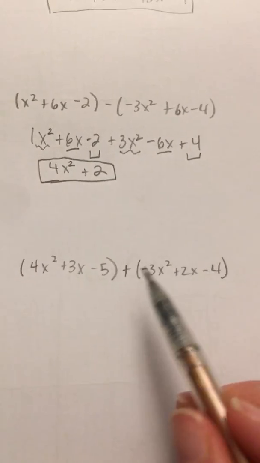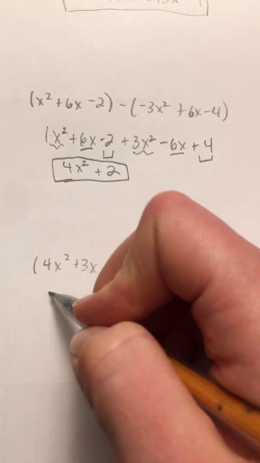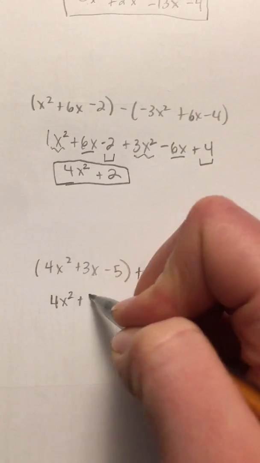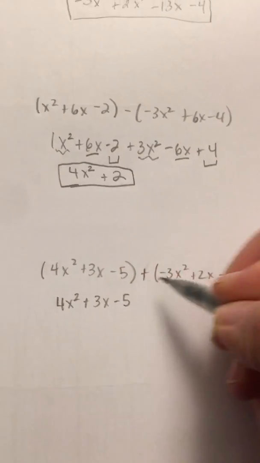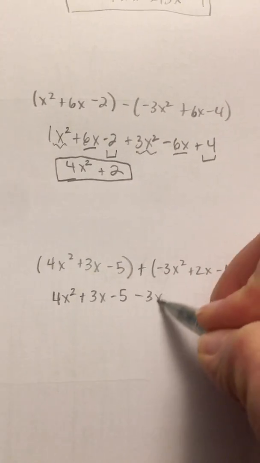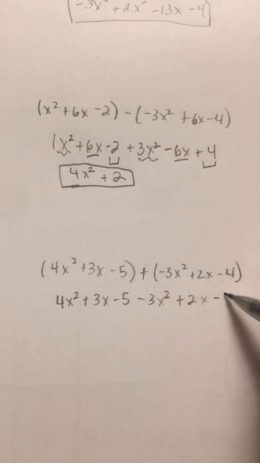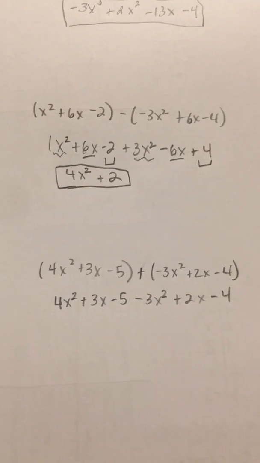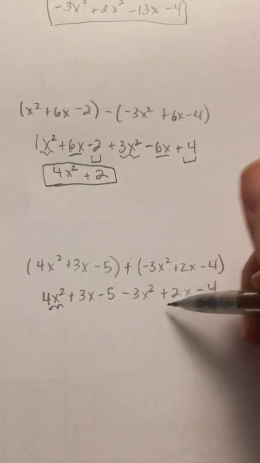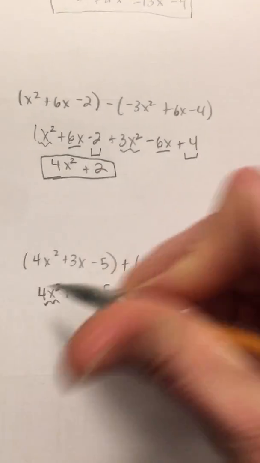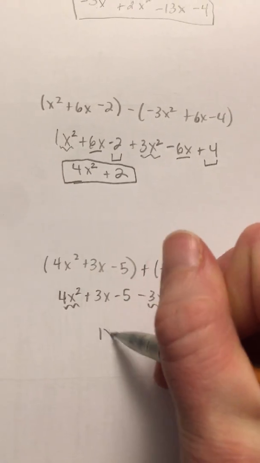In between these two polynomials, I see addition. So we just bring everything down without the parentheses. We need to add the negative 3x squared. We need to add the 2x, and we need to add the negative 4. Biggest exponent I see is the 2's. 4 minus 3, 1x squared.